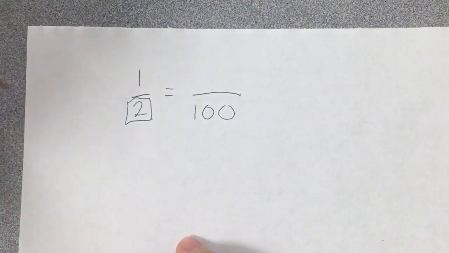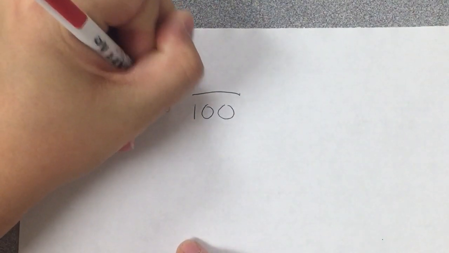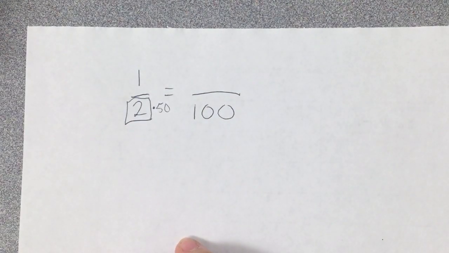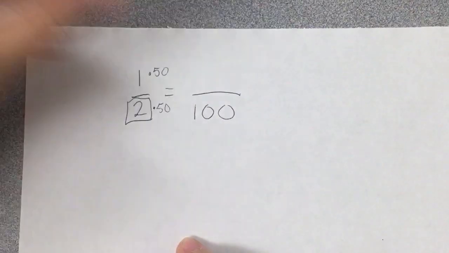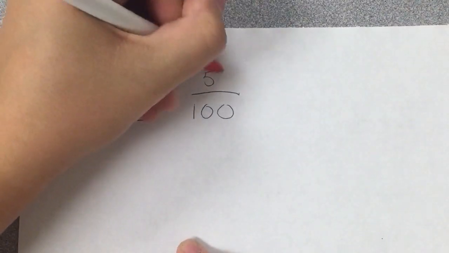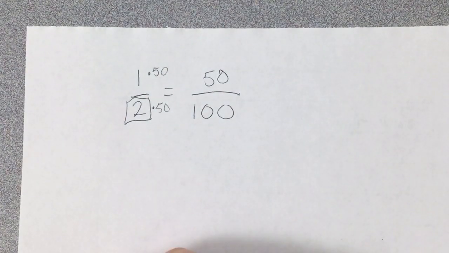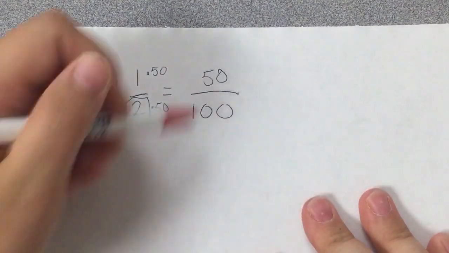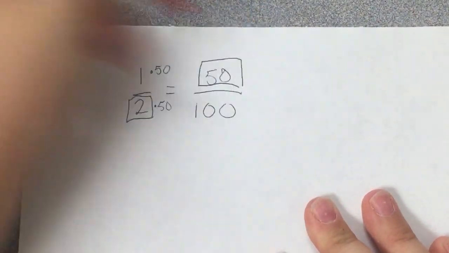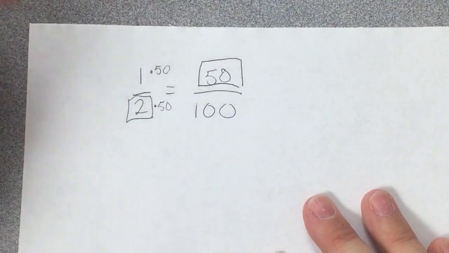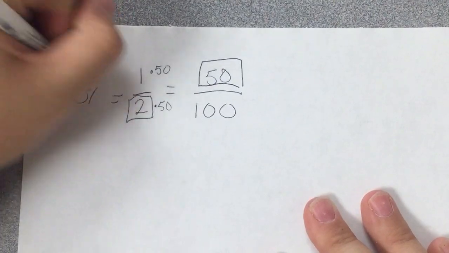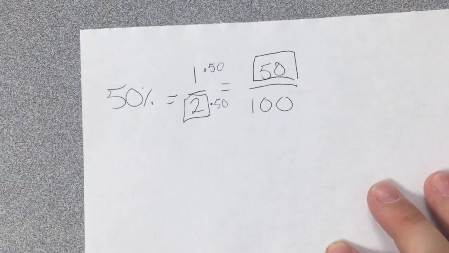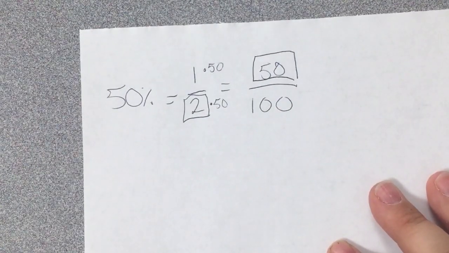Well, I know 2 times 50 is 100. And whatever I do to the bottom, I must do to the top. So 1 times 50 is 50. So an equivalent fraction to 1/2 would be 50 out of 100. And so my percentage would be my numerator. So the percent that is equivalent to 1/2 is 50%. Please make sure you write your percentage signs so that I know that you're saying 50%.